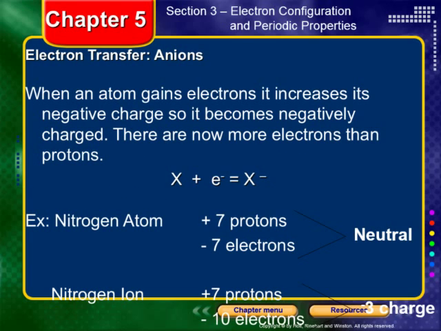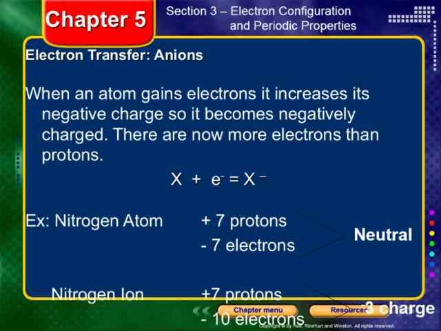So, electron transfer, anions. When an atom gains electrons, it increases its negative charge, so it becomes negatively charged. There are now more electrons than protons, and you can figure out exactly what the charge of an atom is. For example, let's look at nitrogen here. Nitrogen's atomic number is 7, so it has 7 protons, and if it's electrically neutral, it has 7 electrons.